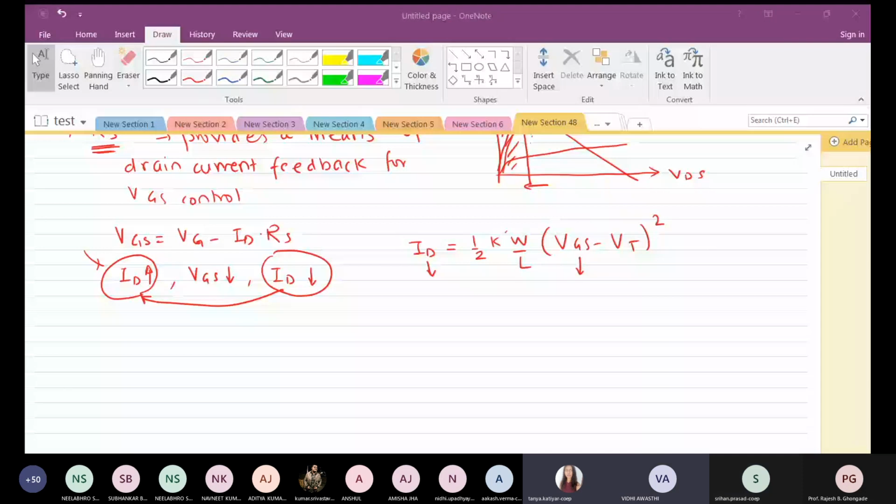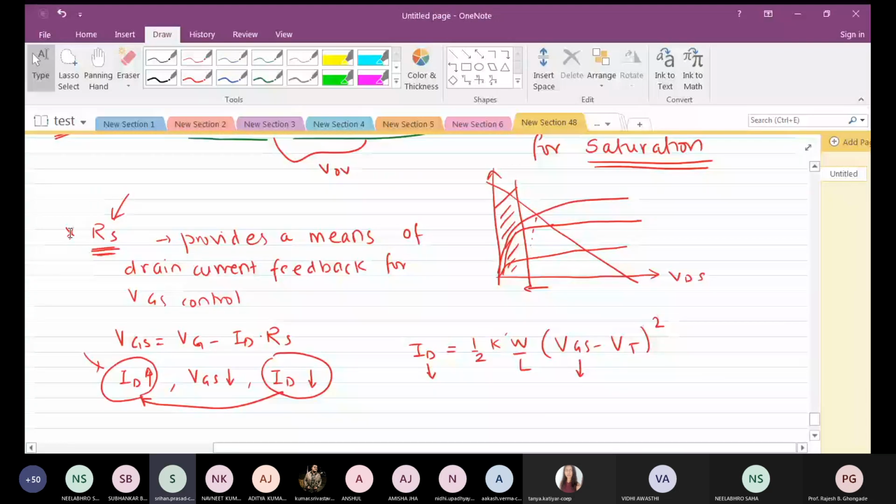Can you show the condition once? Which condition? The last one, the VDSQ which is greater than that one. This one.